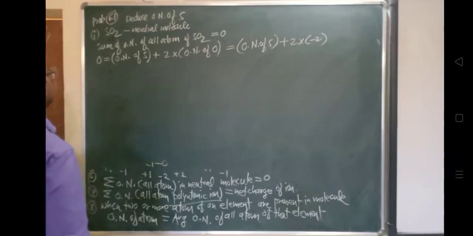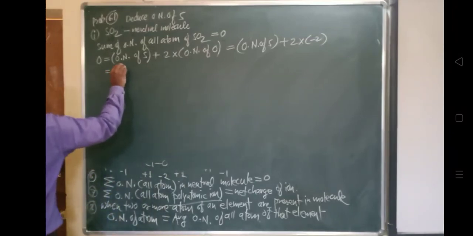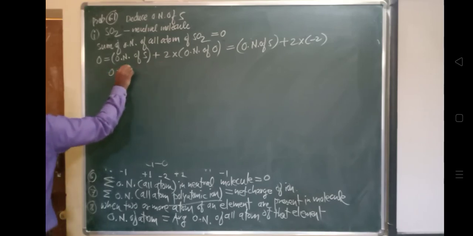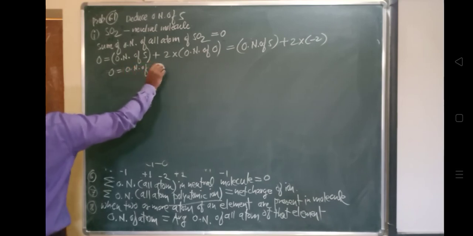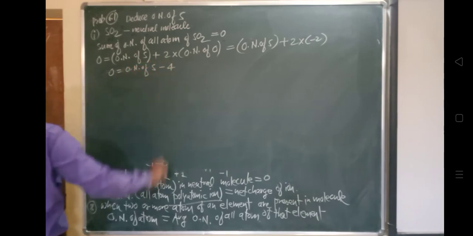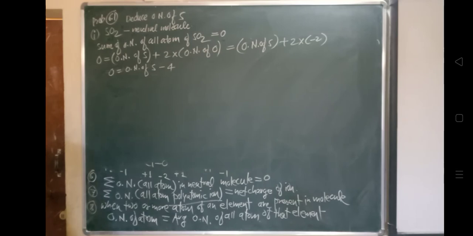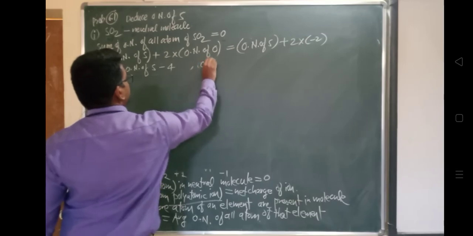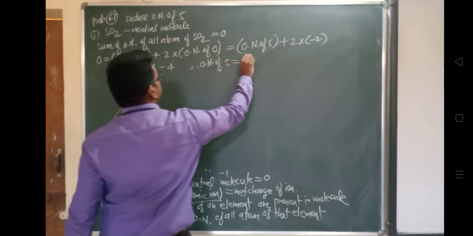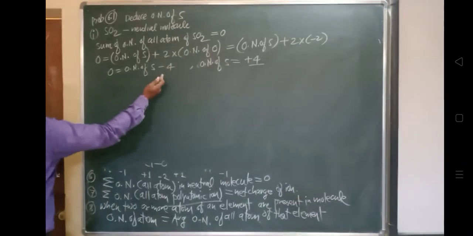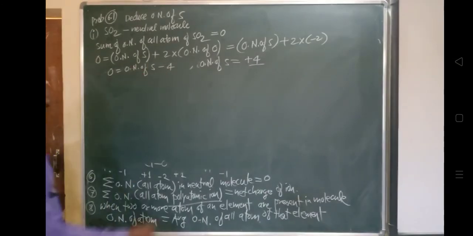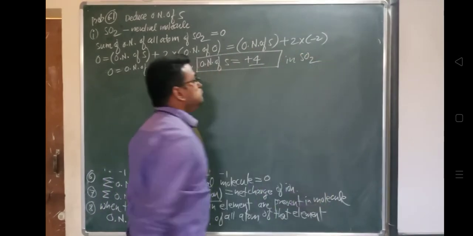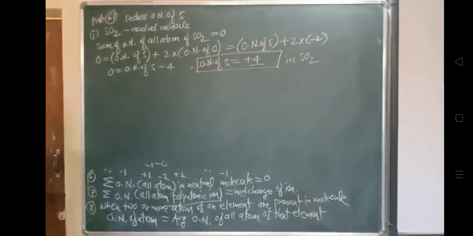So 0 minus the oxidation number of sulfur, this becomes -4. The -4 goes to the other side, and that's why the oxidation number of sulfur will be +4 in SO2.